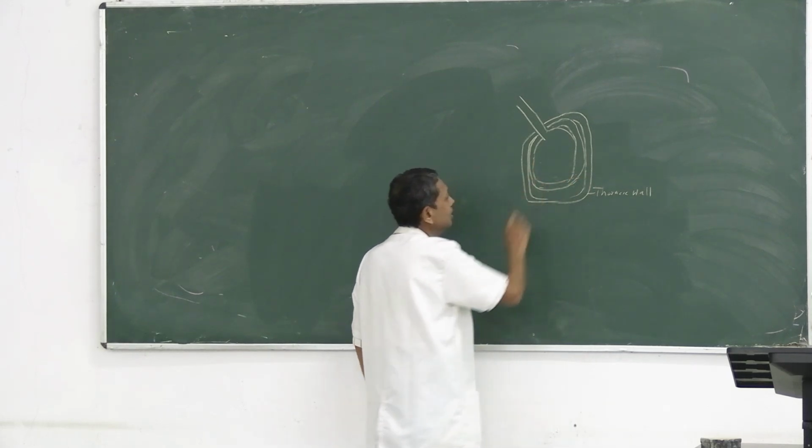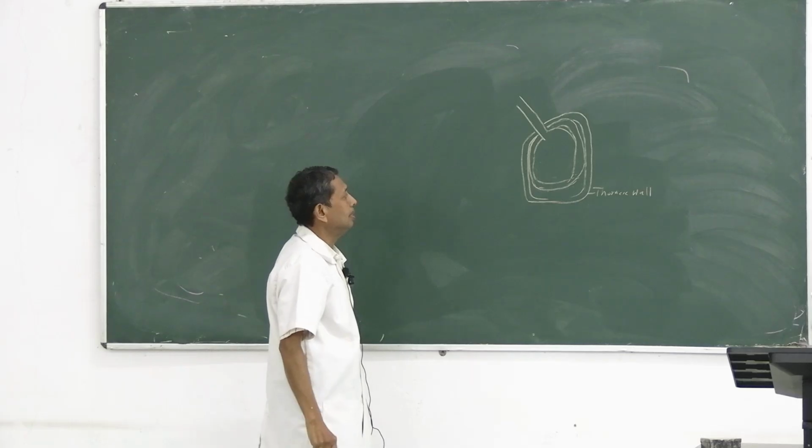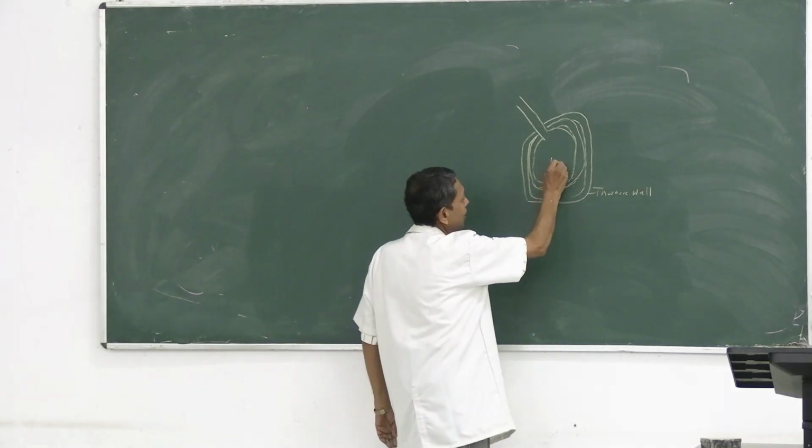Transmural pressure is inside minus outside in every case. Intrapulmonary pressure is the lumen.